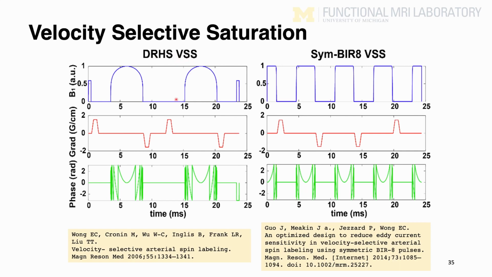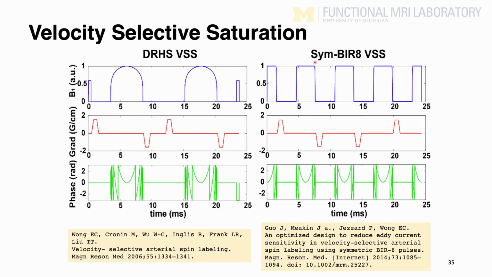It's a bit of a mouthful, but it's essentially a 90-degree pulse, two 180s, and a -90 that could tip the magnetization down, kill it if it's moving, and if it's not moving, bring it back up.